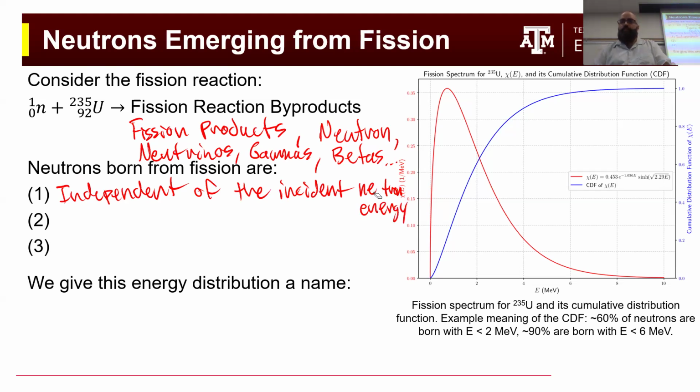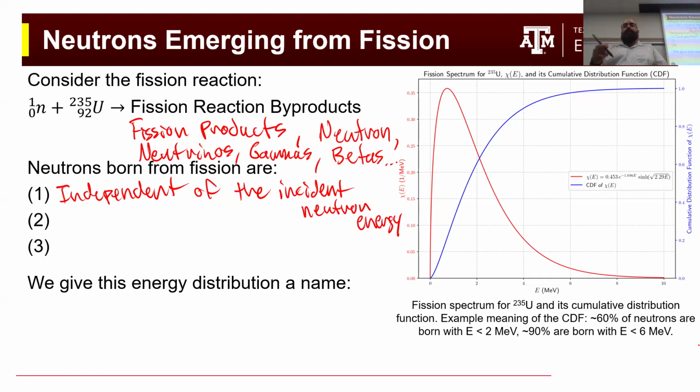Let me move this over so I'm not writing on top of the title of this graph. Incident neutron energy. So that's point number one. It doesn't matter the energy of the neutron that comes in. The neutrons that come out are going to be independent of that incident energy.